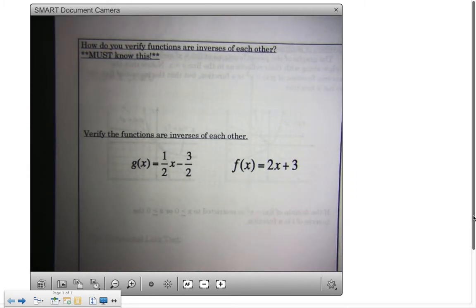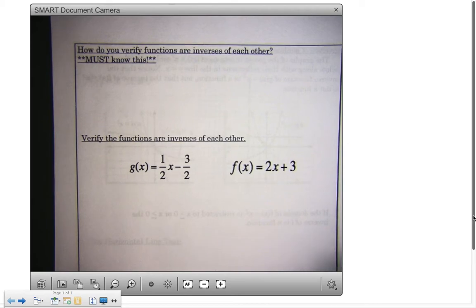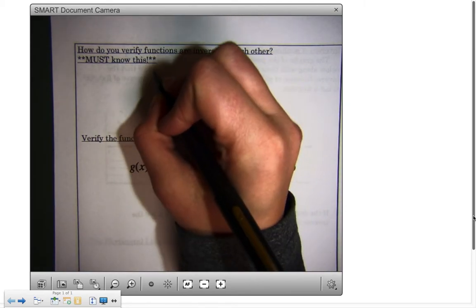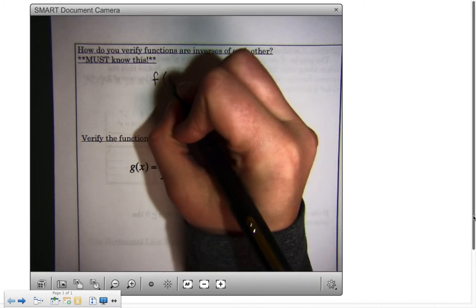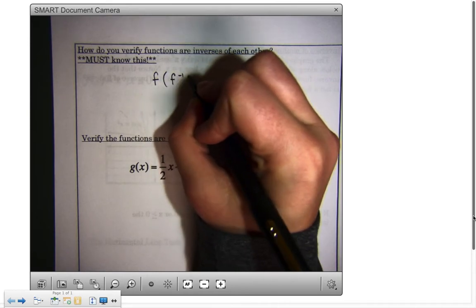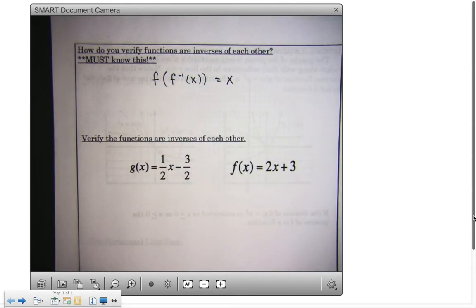We can, given two functions, verify that they're inverses of each other by using the composition that we learned last week. So if you do the composition of a function and its inverse, you should get out x. So let's say you have two functions, f of x and f inverse of x. If you do the composition f of f inverse of x, it should equal x.